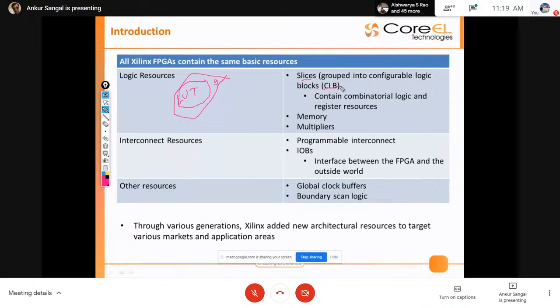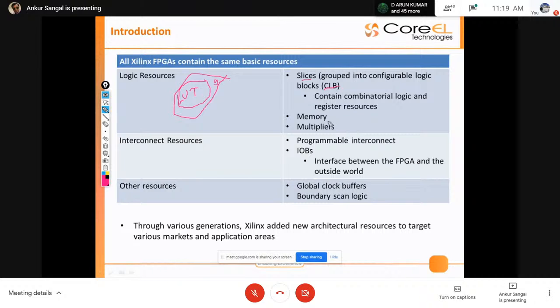So the CLB is the superset of slices, and slices are the superset of LUTs and flip-flops. This is the hierarchical level. Is it clear? A group of LUTs and some flip-flops is a slice, and a group of slices is a CLB.